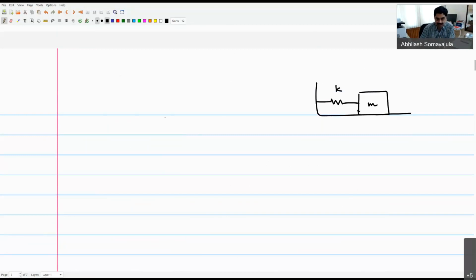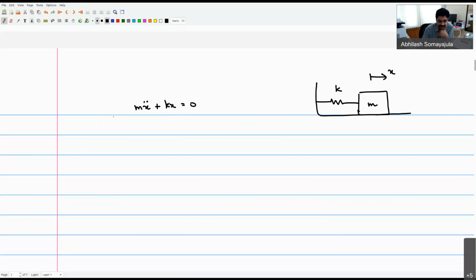What is the governing differential equation for this system? m x double dot plus k x equals 0. I don't have any external force right now here, right?